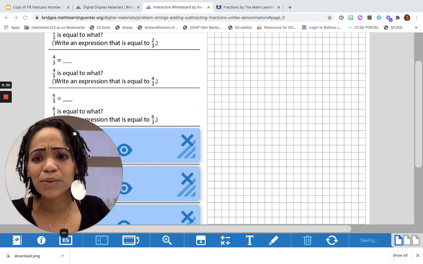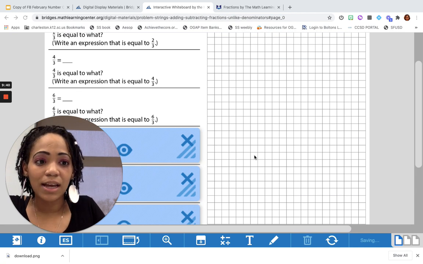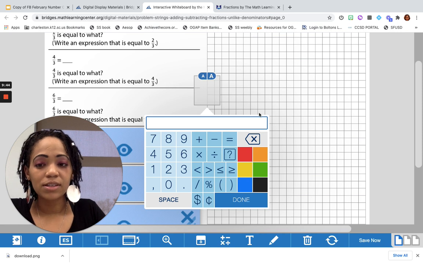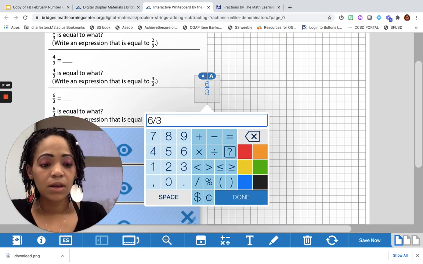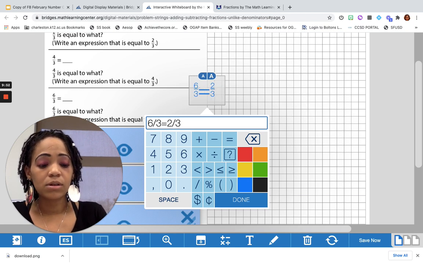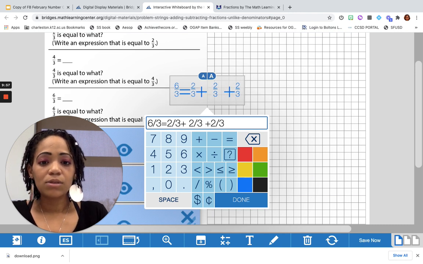So let's look at the third one. Now we have 6/3, and we kind of can envision what 6/3 looks like, because we already know that 4/3 is 2/3 and 2/3. So 6/3 is just adding another 2/3. So we could have 2/3 plus 2/3 plus 2/3.